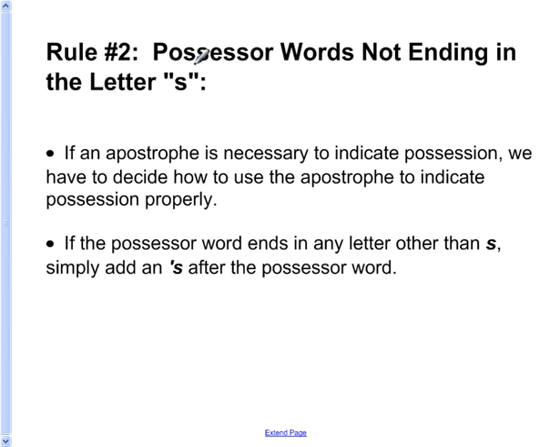Let's look at rule number 2, possessor words not ending in the letter S. If an apostrophe is necessary to indicate possession, we have to decide how to use the apostrophe to indicate possession properly. If the possessor word ends in any letter other than S, simply add an apostrophe S at the end of the possessor word, the owner.